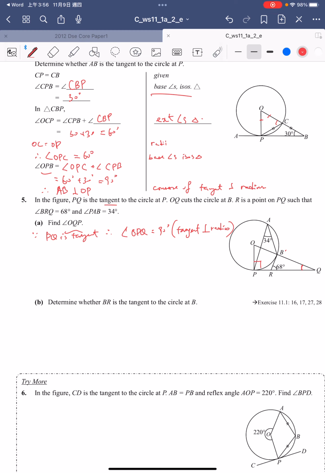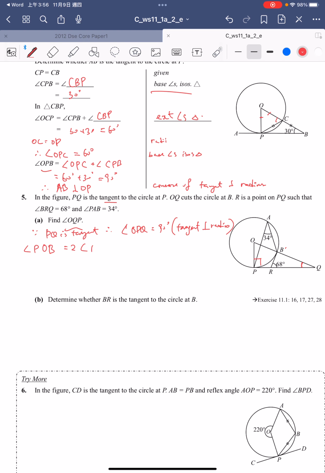And now we can say that the angle POB, the angle at the center, is equal to double the angle PAB, which is equal to 2 times 34, giving you 68 degrees. And the reason for that is the angle at the center is twice the angle at the circumference.